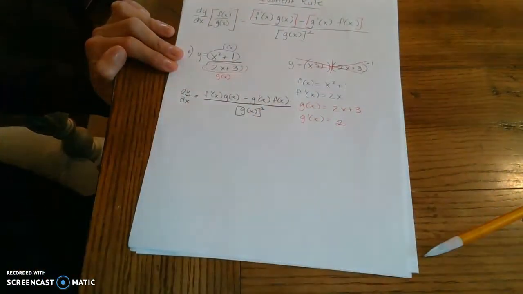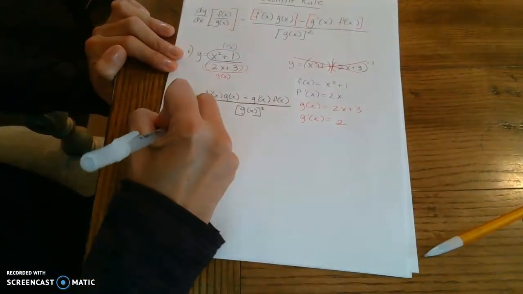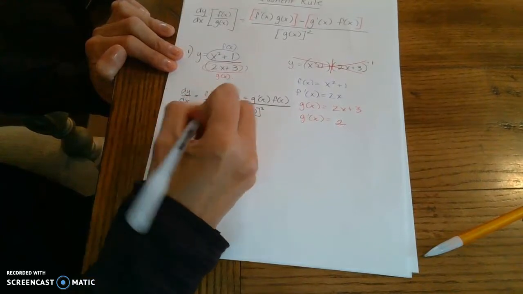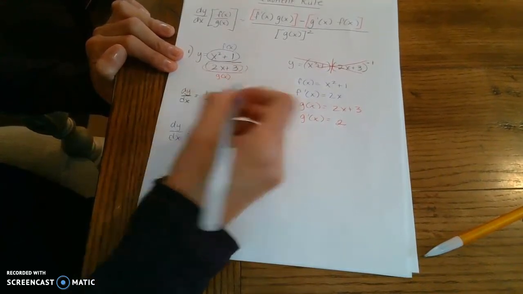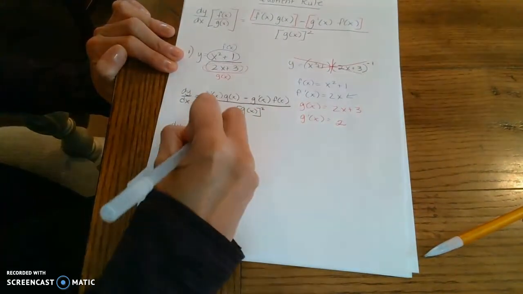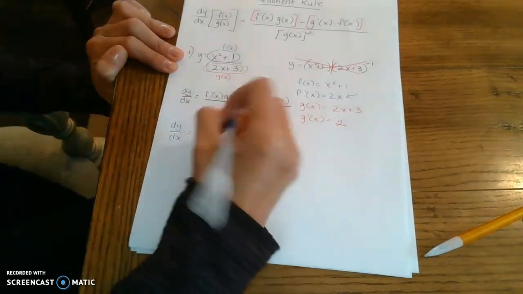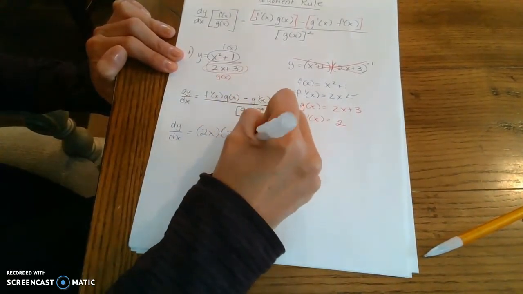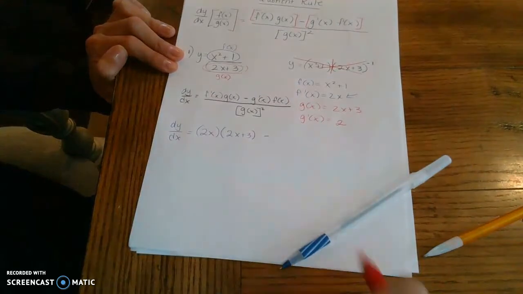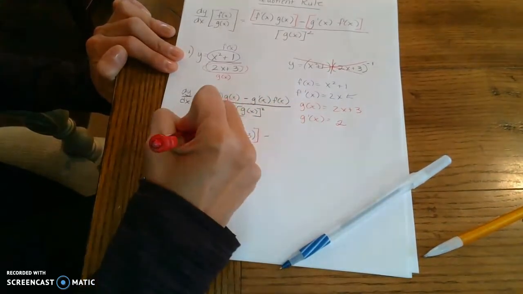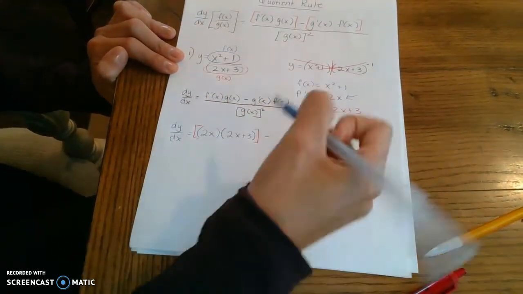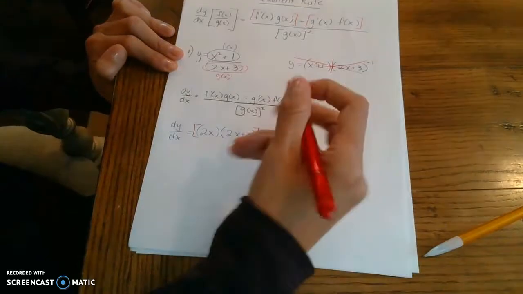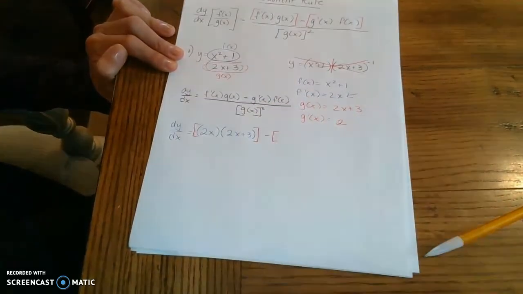Okay, so let's go ahead and find the derivative. dy/dx is equal to the derivative of the first, which is right here, so I just put in 2x, and then times the second, which is 2x plus 3, minus, and then I like to give myself a little bracket there knowing that that's one term. And then another bracket to start the second piece.